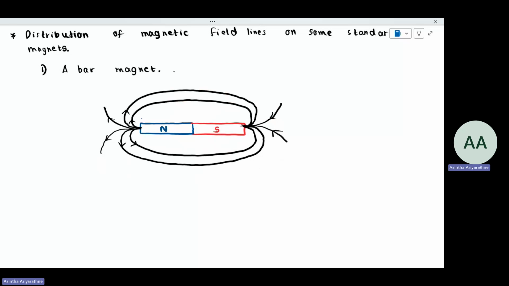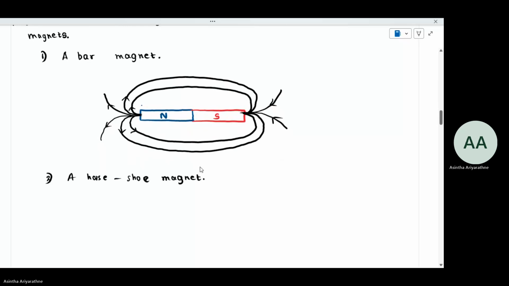Then the second one, a horseshoe magnet. Across a horseshoe magnet, the magnetic field would be like this.